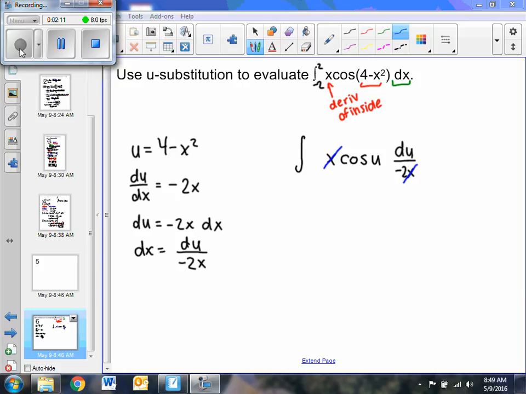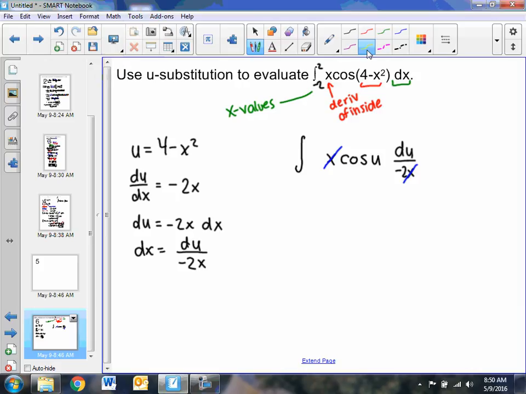These values here are x values. And since our integral is now in terms of u, we want to have u values as our limits of integration. So I start by plugging in one x value at a time into my u equation.